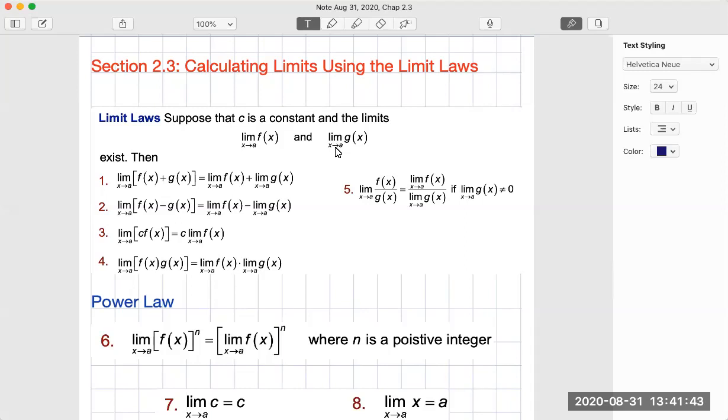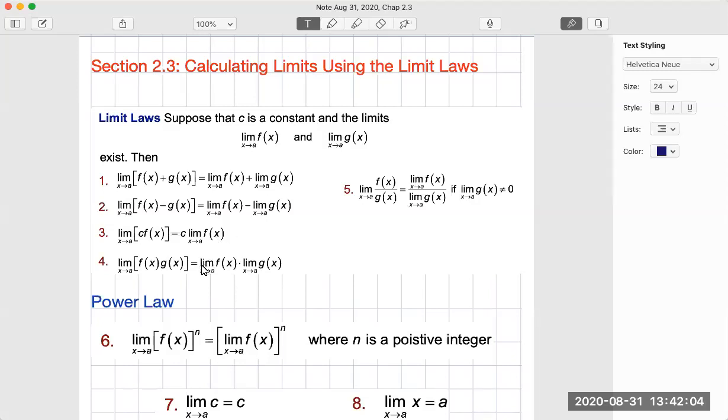The second one is the difference: the limit of a difference is the difference of the limits. And the limit of c times f will be c times the limit of f of x.